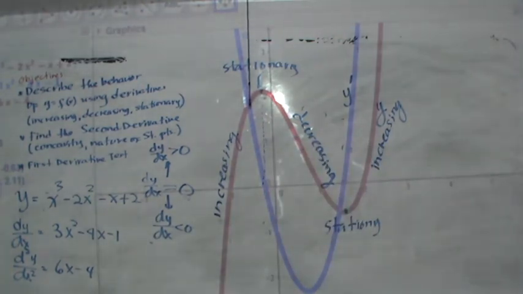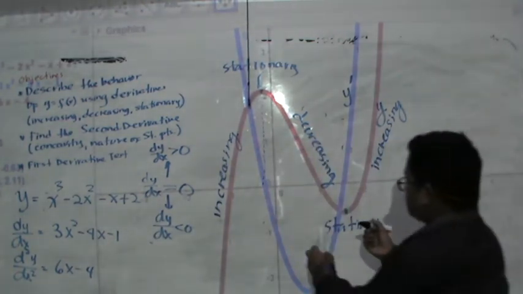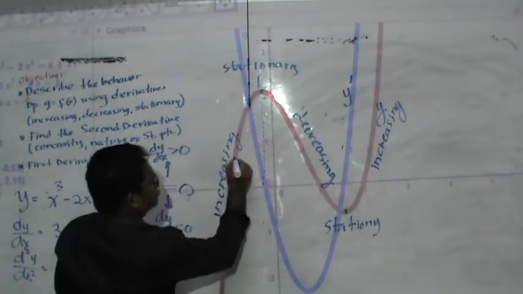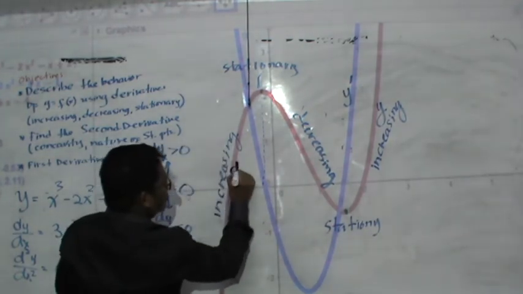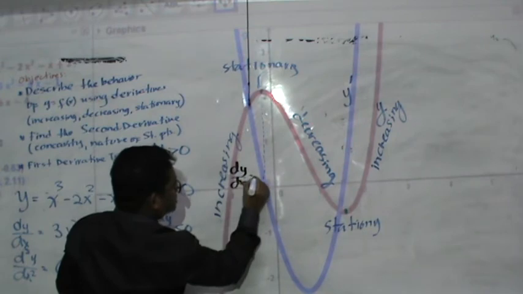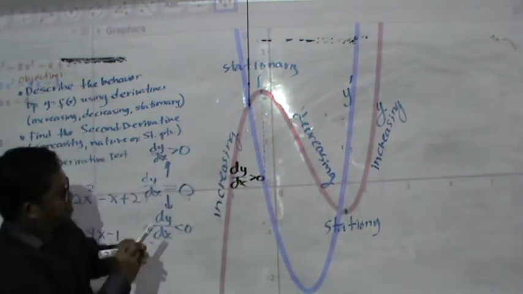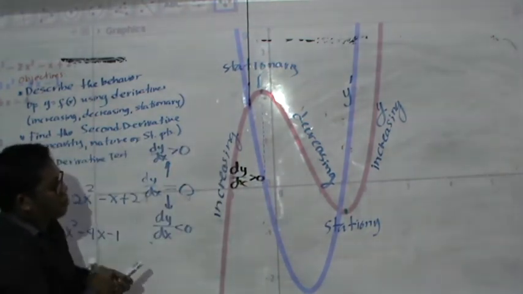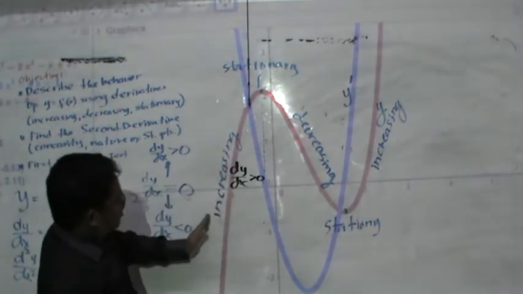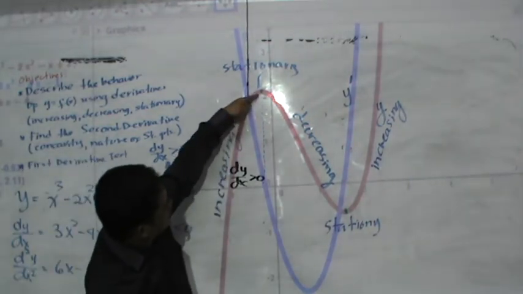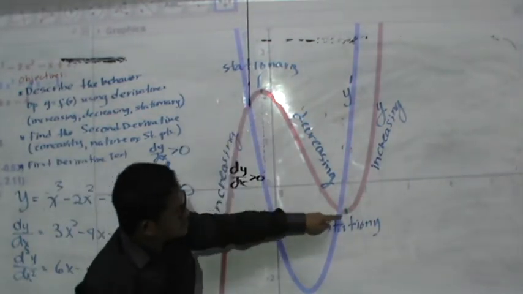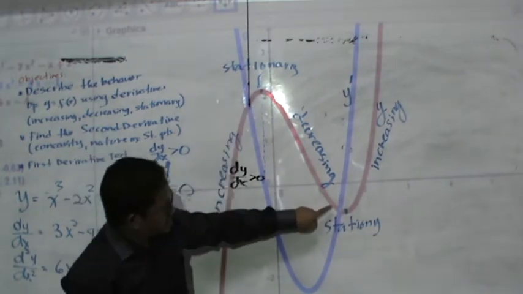We can say that the dy/dx is greater than 0 because it is above there. Now, when you look at, for example, from here up to there, we have said that it is decreasing.